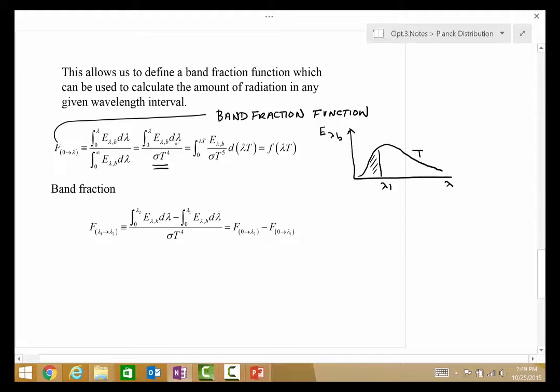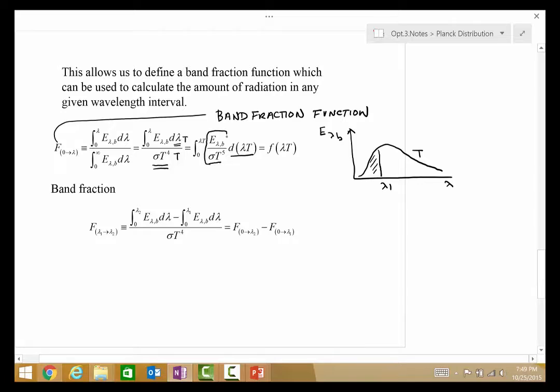As you look at it, there's a d lambda here. To get this to be an integration with respect to lambda T, we have to multiply by T and divide by T. So when we do that as d lambda T, we have a sigma T to the fifth in the denominator.